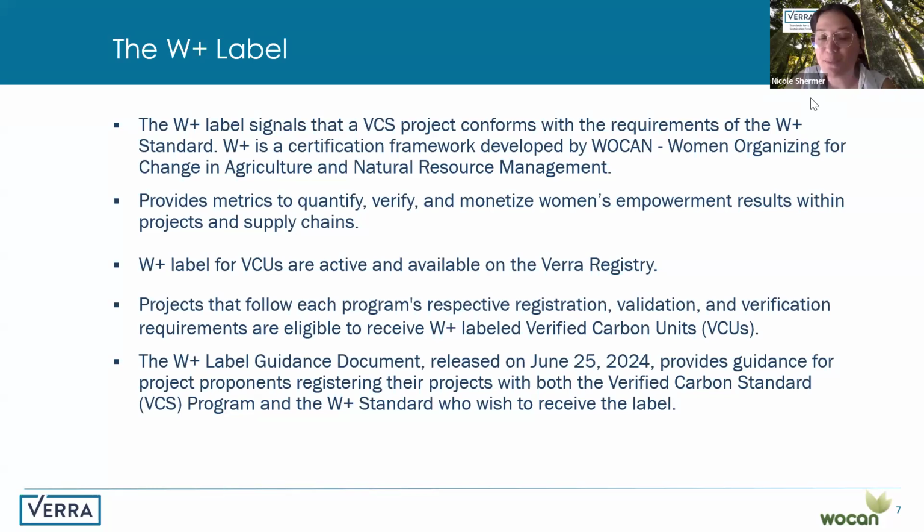It's called the W+ label guidance document. We released it in late June, and it essentially provides all the information that you should need to know about registering your projects under both programs, or demonstrating verification under both programs, and then getting the label to your issued VCUs.